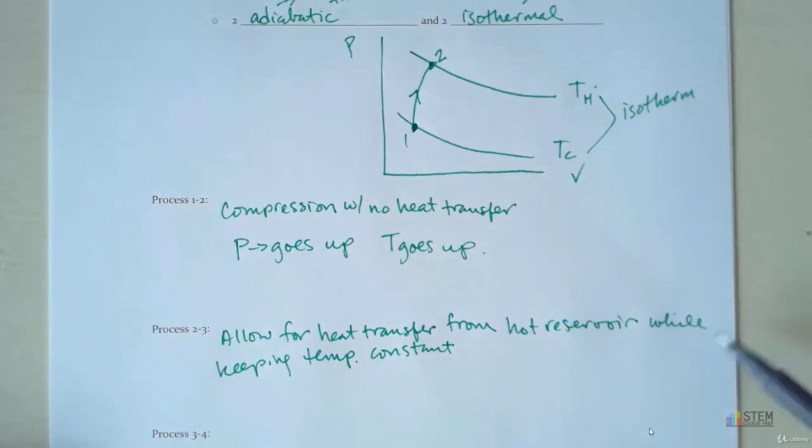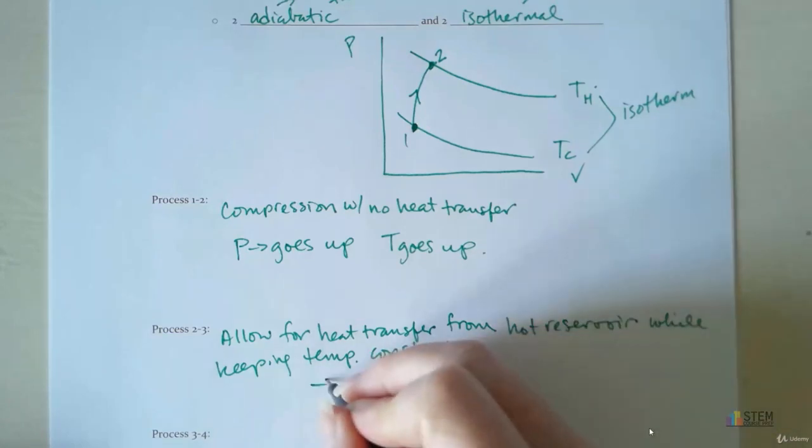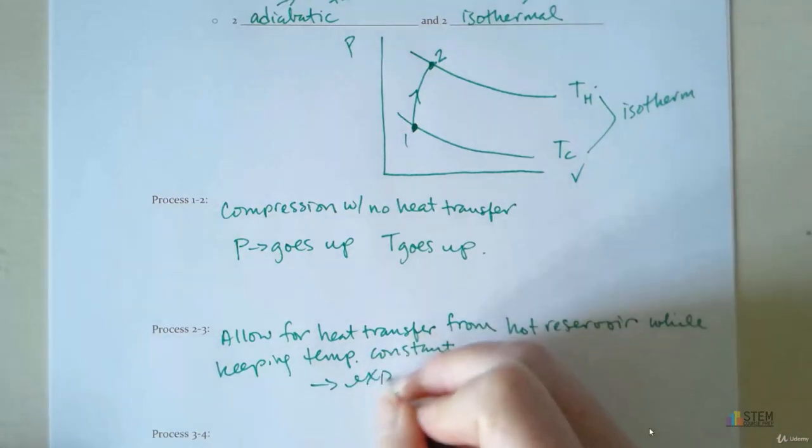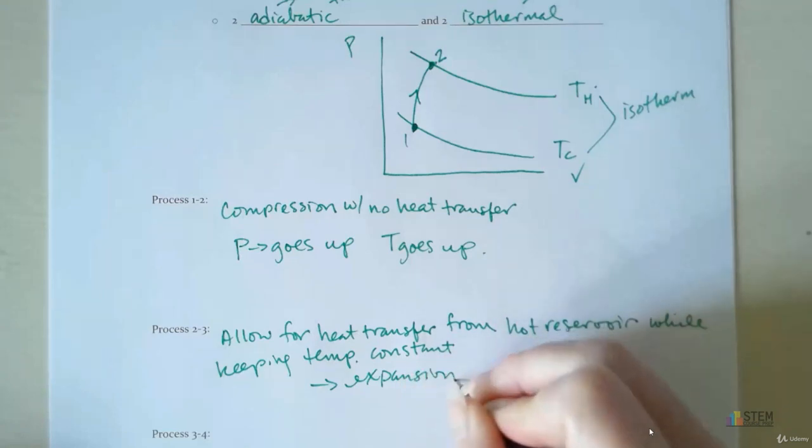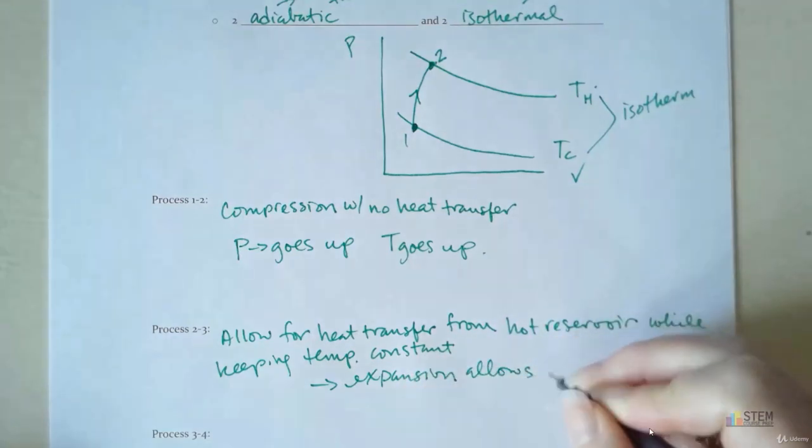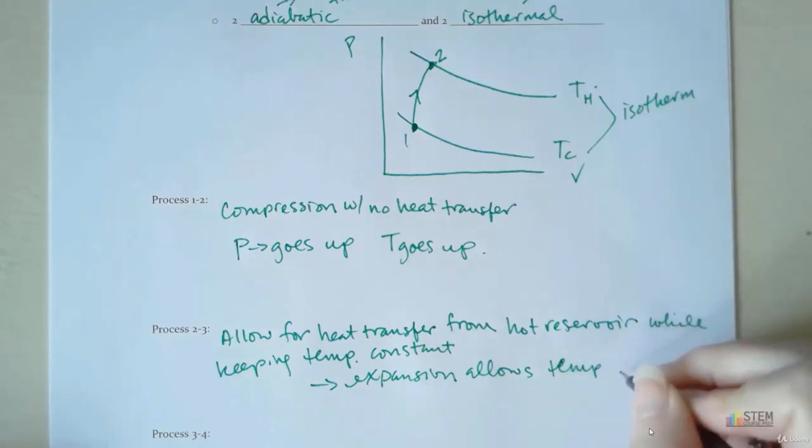Now what's going to happen here, we're allowing energy to come in from our hot reservoir, but we're going to keep that temperature constant. That means that the expansion is going to have to allow the temperature to stay constant.